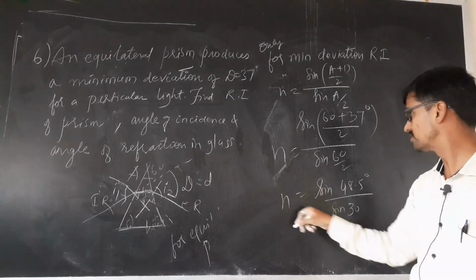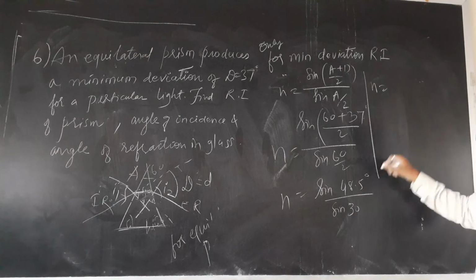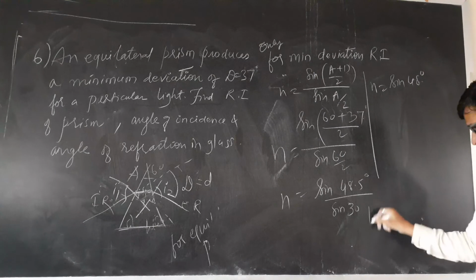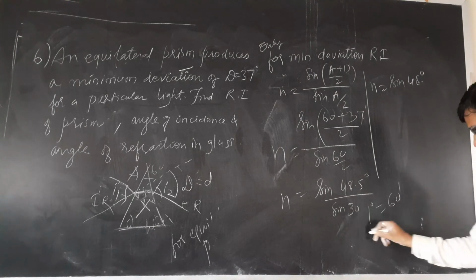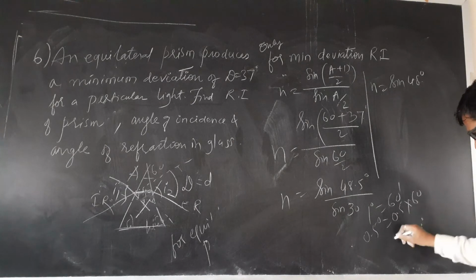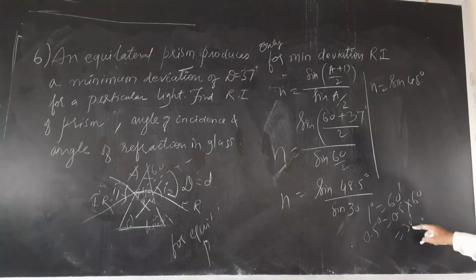n is equal to sine of 48 degrees. See, 1 degree is equal to 60 minutes, so 0.5 degrees is 0.5 into 60, that is 30 minutes.